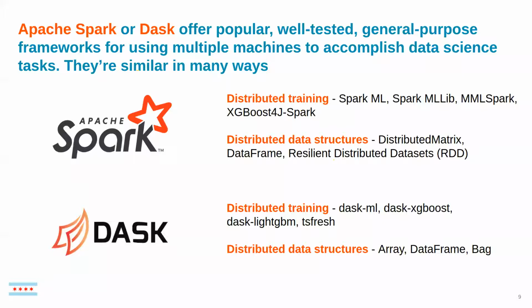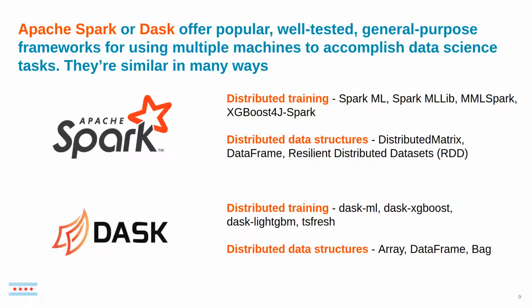XGBoost publishes a jar for XGBoost4J-Spark, which is the XGBoost JVM project with Spark-specific interfaces. So you can train an XGBoost model on a Spark cluster on a Spark SQL data frame or something like that. Dask also has high level machine learning libraries, and we'll talk about those more later. So both frameworks have that in common.